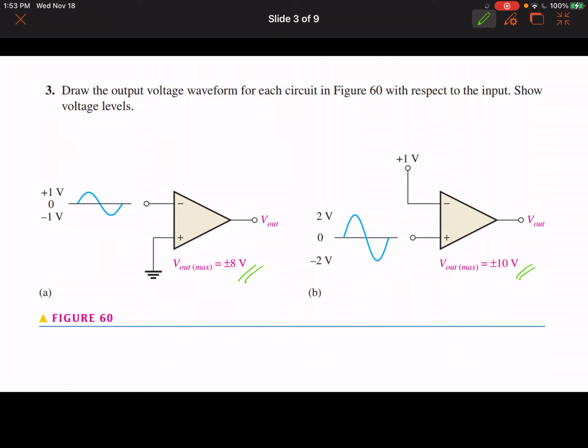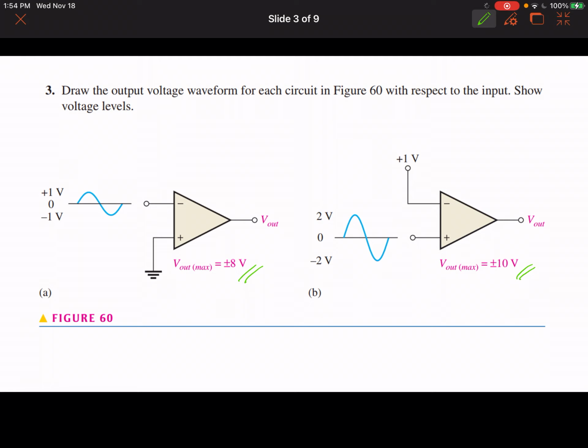In the examples that we discussed in the lessons, and in the examples that you will probably read in the book, the reference is placed in the inverting input, but here we have a reference that is placed in the non-inverting input. So what is the consequence here?